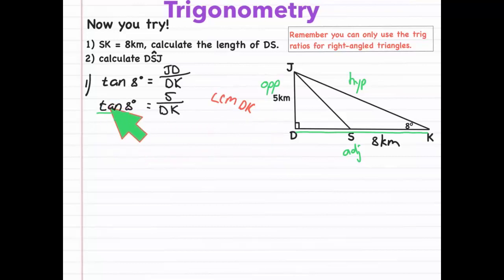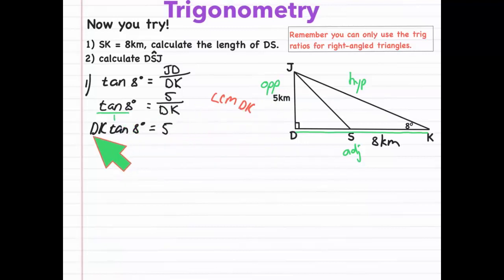And DK times the tangent of 8 degrees will be DK tangent 8 degrees equals, and DK divided by DK is 1 times 5 is 5. Or you can just say, because I'm dividing with DK here, I need to multiply it with it on the other side to get rid of the DK, and that's what we did. So I'm just showing you the way that we've always practiced equations with fractions.